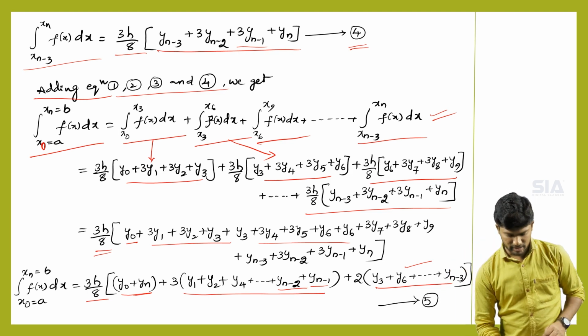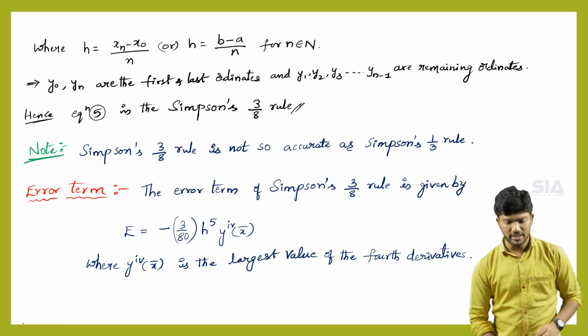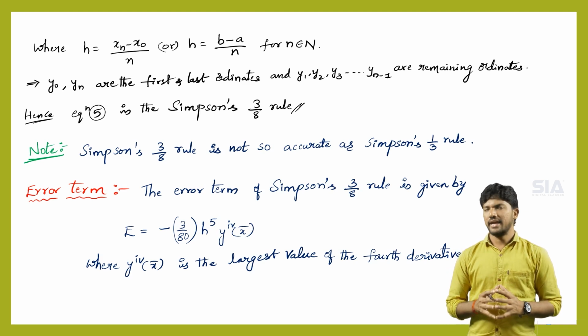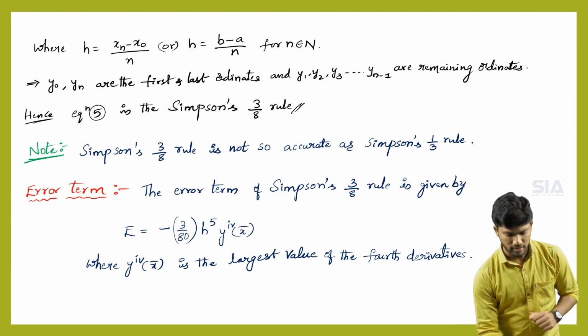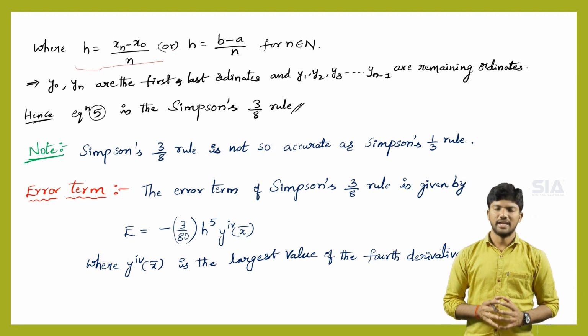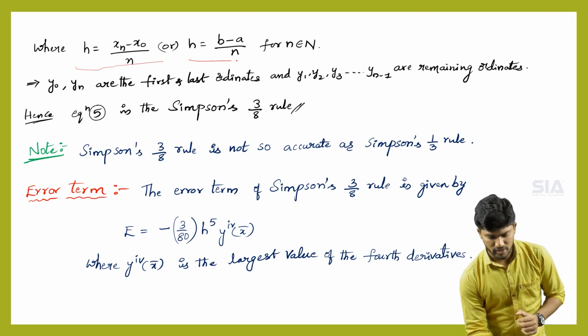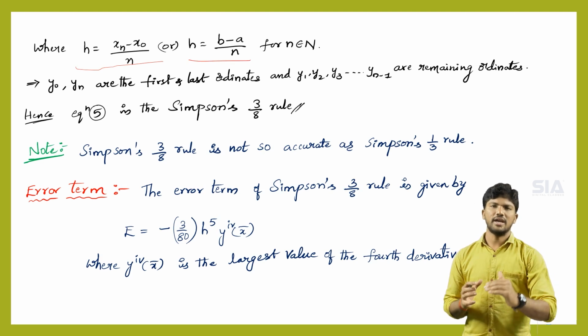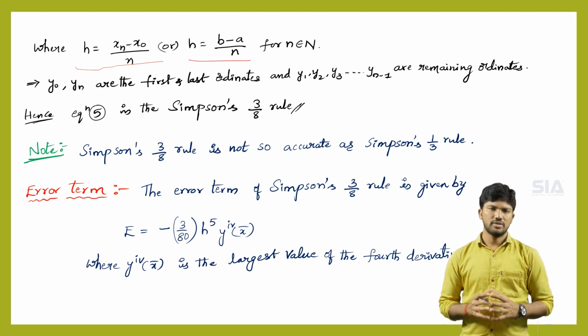Clearly you can observe that this equation number 5 is called Simpson's 3 by 8 rule, where small h is equal to xn minus x0 by small n, or you can also write h is equal to b minus a by small n, for any small n a natural number.